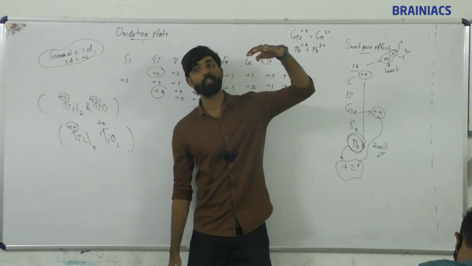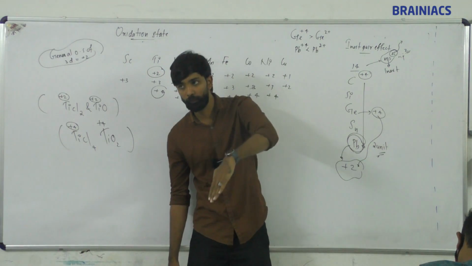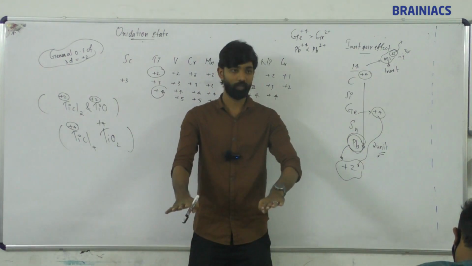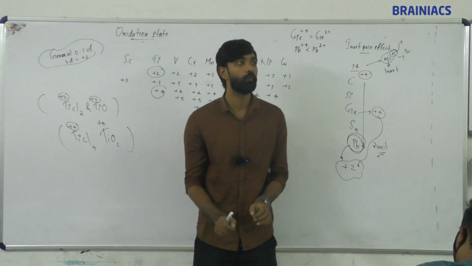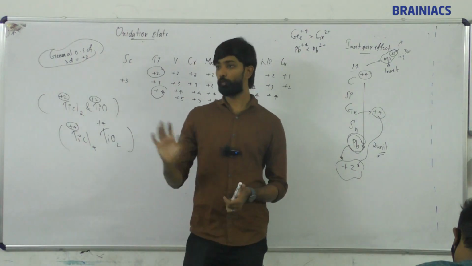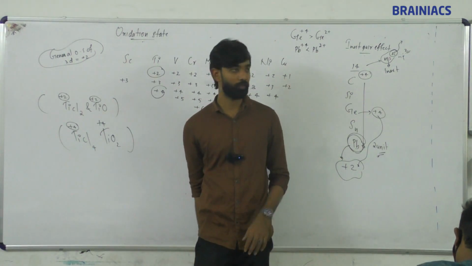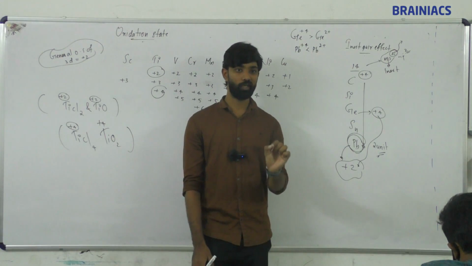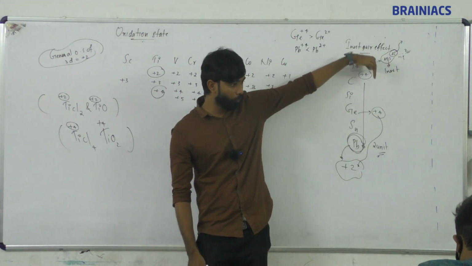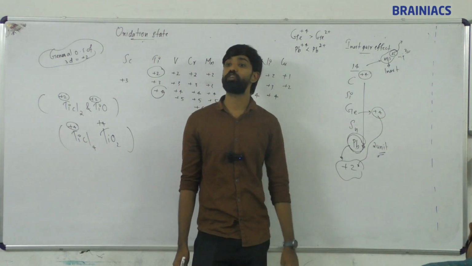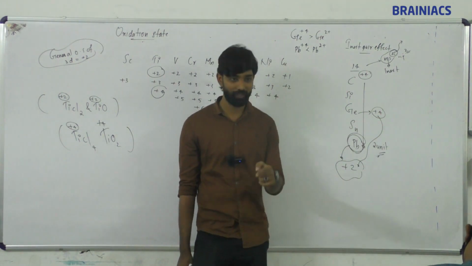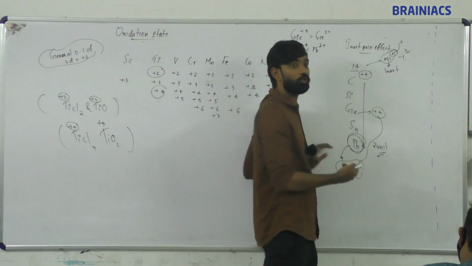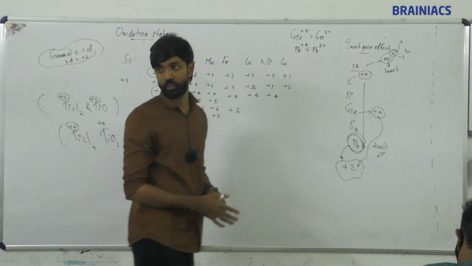On moving top to bottom, the heavier member shows 2 units less than the group oxidation state, and that effect is the inert pair effect, where the ns2 electrons are inactive or not participating in bonding. So moving down, they tend to show the lower oxidation state, not the higher.